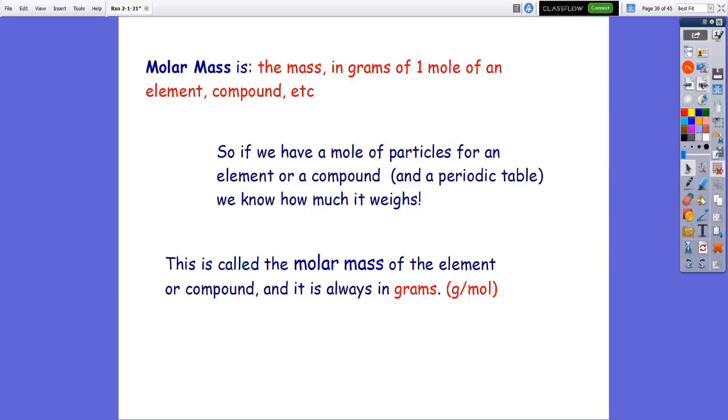So on slide number 6 is molar mass. So molar mass is the mass in grams of 1 mole of an element, compound, or other types of particles. And it is always going to be measured in grams. However, after grams, I would like you to put in parentheses grams divided by mole, or G divided by MOL.